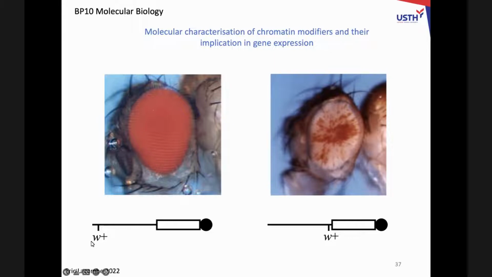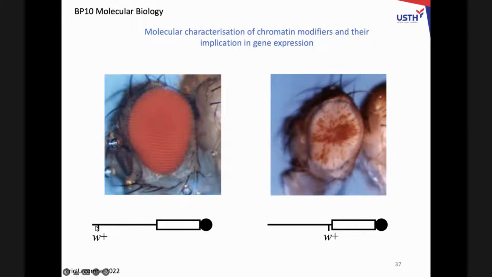Do you understand the process? We have a fly that has white eyes, and you reintroduce the wild type gene. So now the eyes are red again because you complement the mutation.